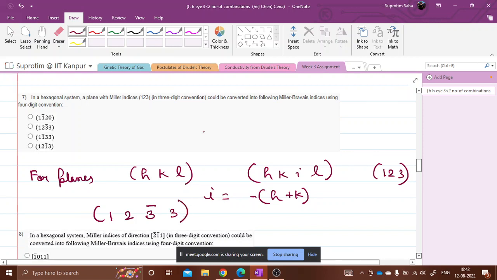So this is the answer. Straightforward, we have already learned this from the lectures. So 1 2 3 bar 3 is the answer.